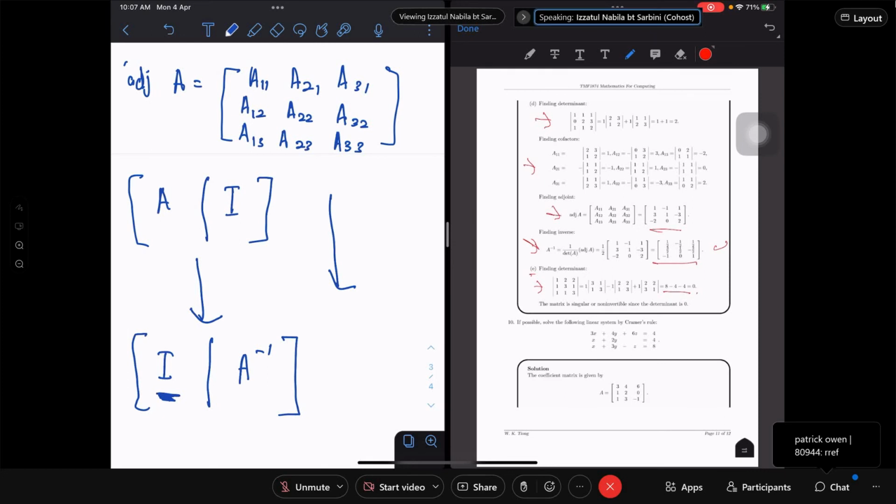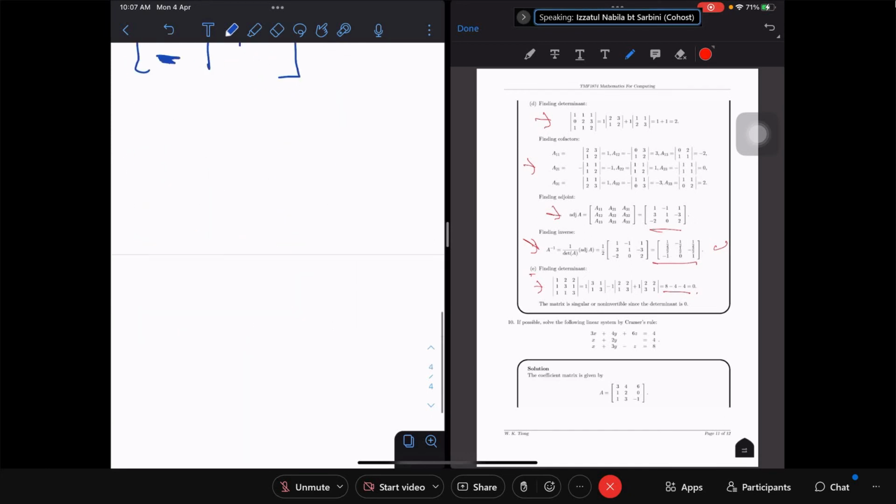Yes, if Gauss-Jordan, you reduce until RREF. And this is one of the methods where you use determinants to solve the linear system. So this one we don't have to reduce to solve the linear system. We just have to use the determinants.